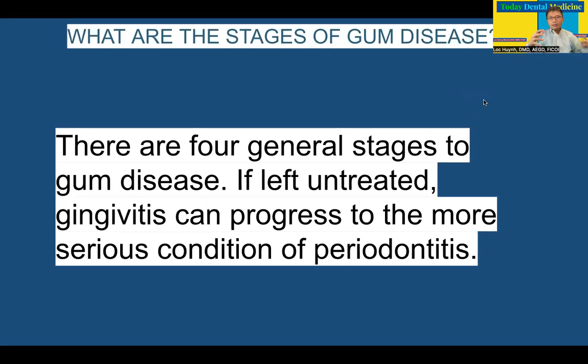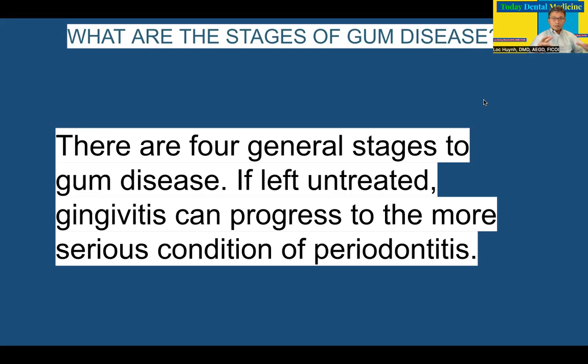So what are the stages of gum disease? There are 4 stages. Generally, if left untreated, gingivitis can progress into a serious condition, periodontitis, which is basically gum disease. The early stage, gingivitis, is preventable. We can do cleaning and reverse that situation.